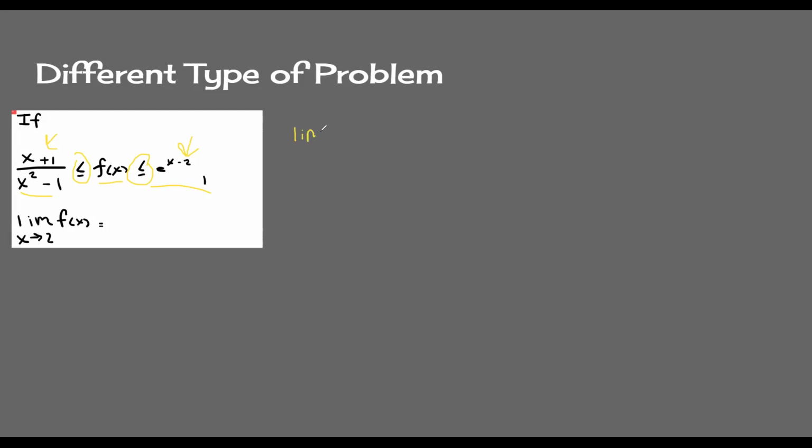The limit of x plus 1 divided by x squared minus 1 as x approaches what? What do we put there? 2, because that's what the question is asking. What does that equal?